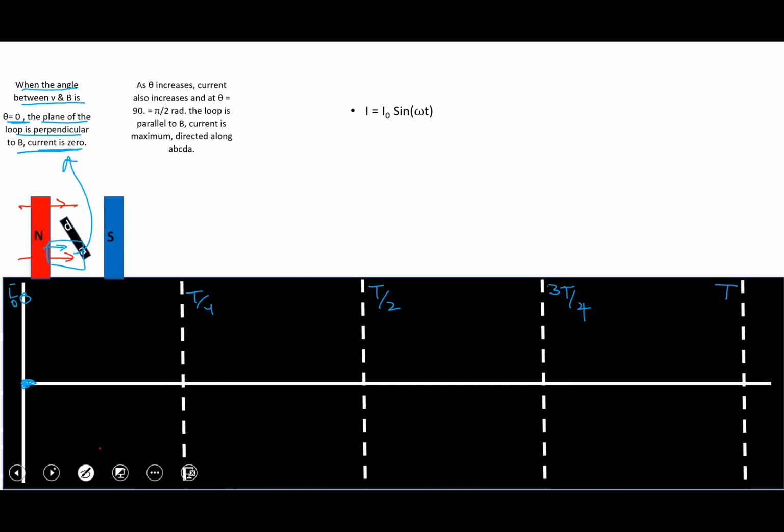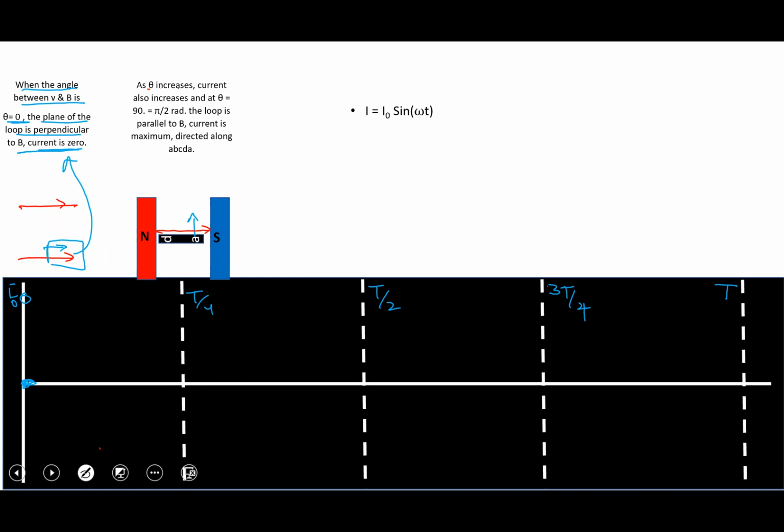So here we go. As it moves, as you can see, the velocity has changed its direction. Now it is in the upper direction, but the magnetic field has not. It is still moving from north to south.